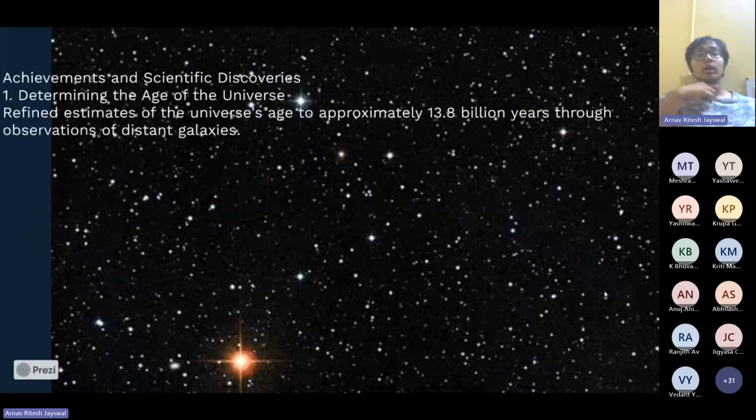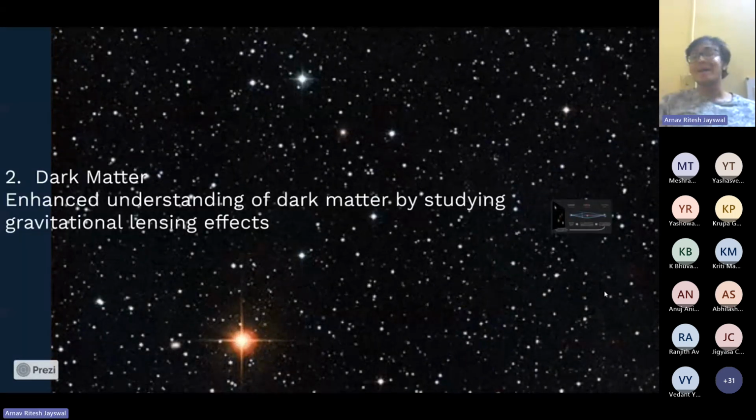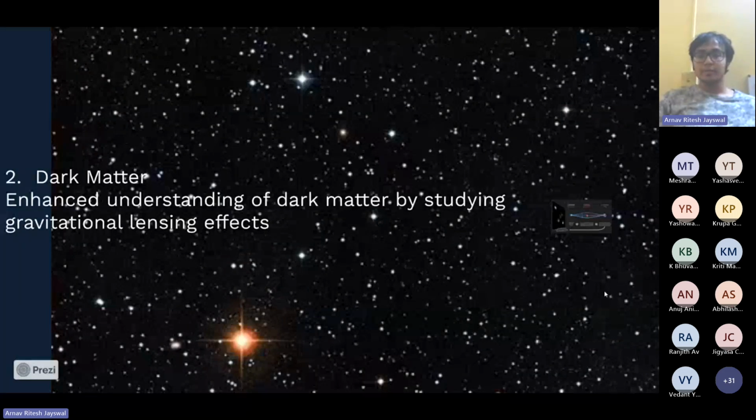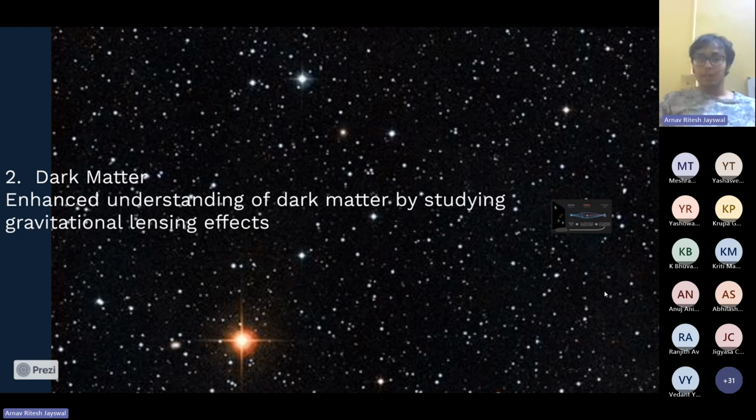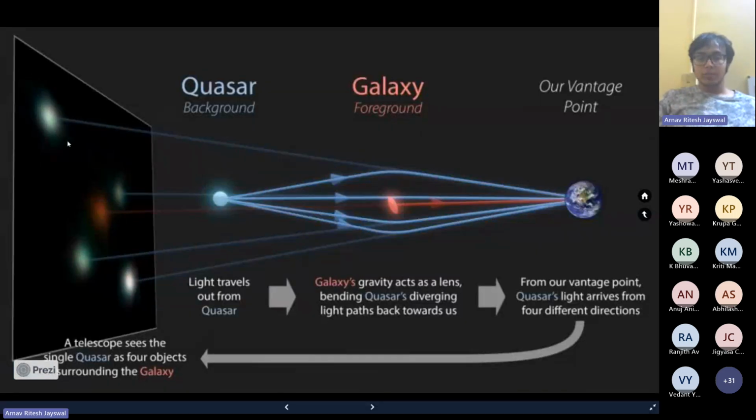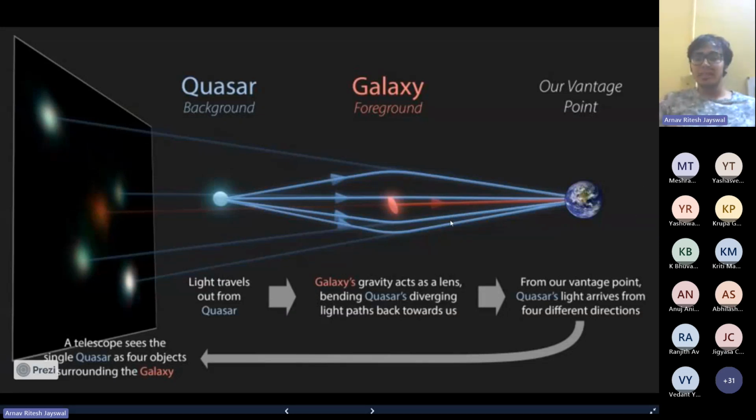It also helped us understand dark matter. We still don't understand dark matter yet because it's a very unexplored and new science, but it used this effect called gravitational lensing, as you can see here. So you can see light traveling out, and you can see the Hubble Space Telescope noticed that the galaxies were acting as lenses for the image.